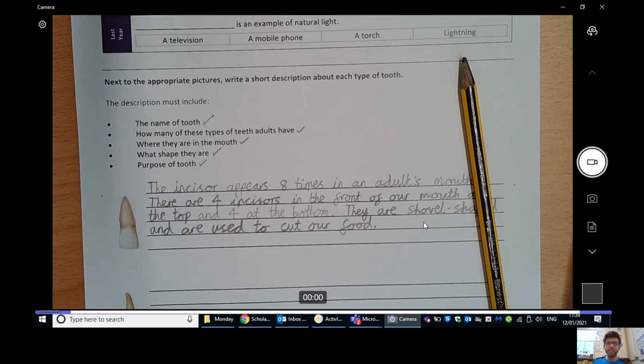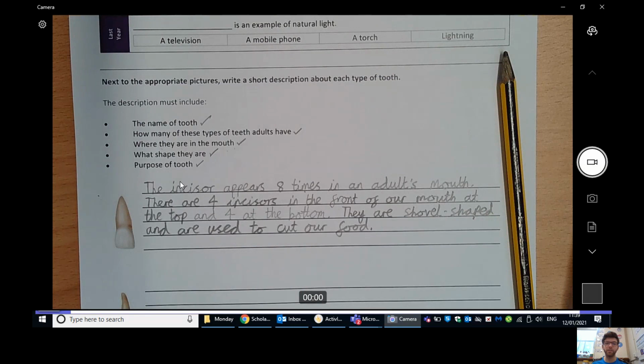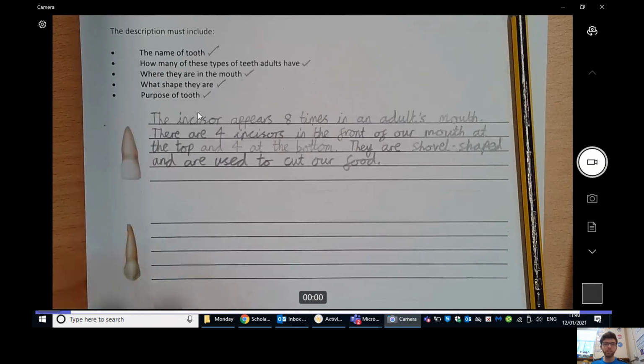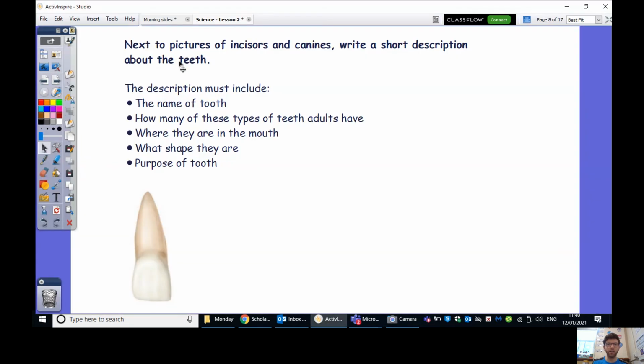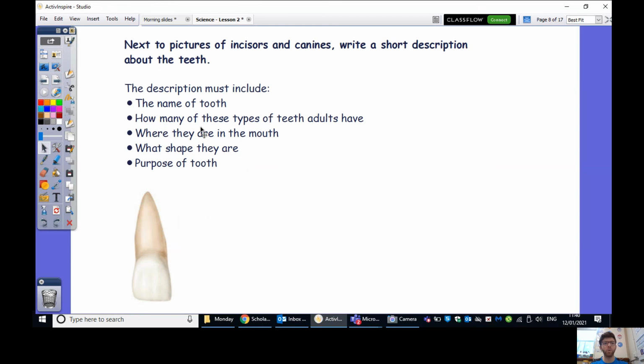So what I would like you to do, please, can you write your own description for the incisor, which I know is going to be very similar to mine, I'm sure. And then can you also do the same for the canines down here? Make sure you are using this checklist down here. So remember, one description for the incisor, and one for the canine as well.